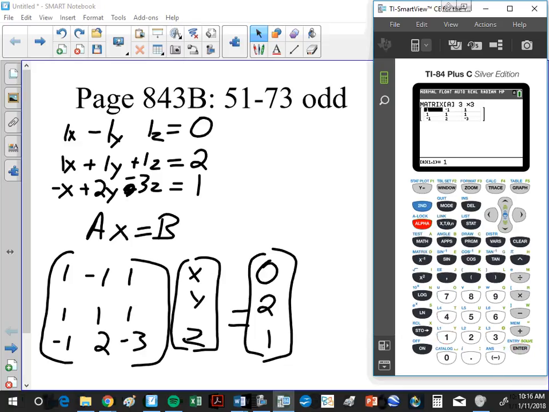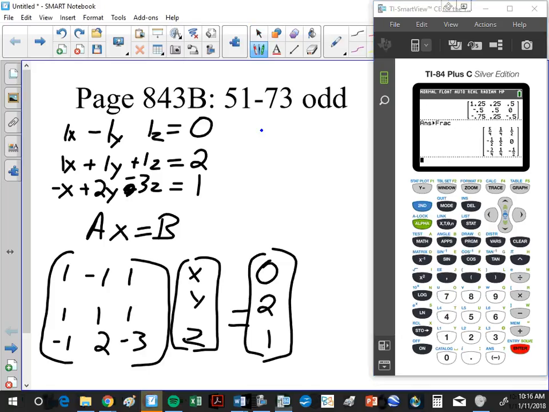And then I go out and I do A inverse. Oh, how fun is that? So 5/4, 1/4, 1/2, negative 1/2, 1/2, 0, negative 3/4, 1/4, and negative 1/2.